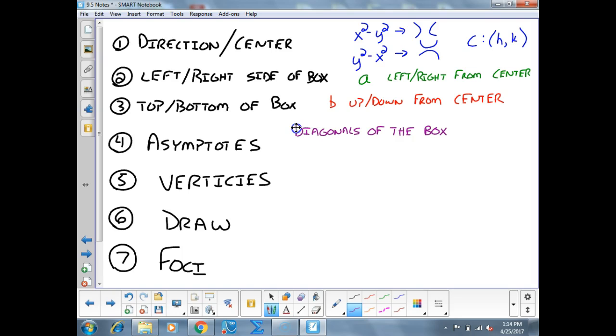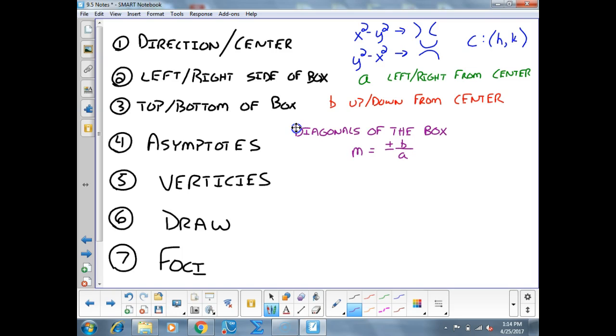What's always the slope of the two diagonals? Plus or minus b over a. So one slope is positive b over a, the other is negative b over a. If the corners of the box are on the y-axis, we can use those as our y-intercepts. If the center is on the y-axis, we could use that as our y-intercept. But if not, then we've got to use point-slope formula. Okay?